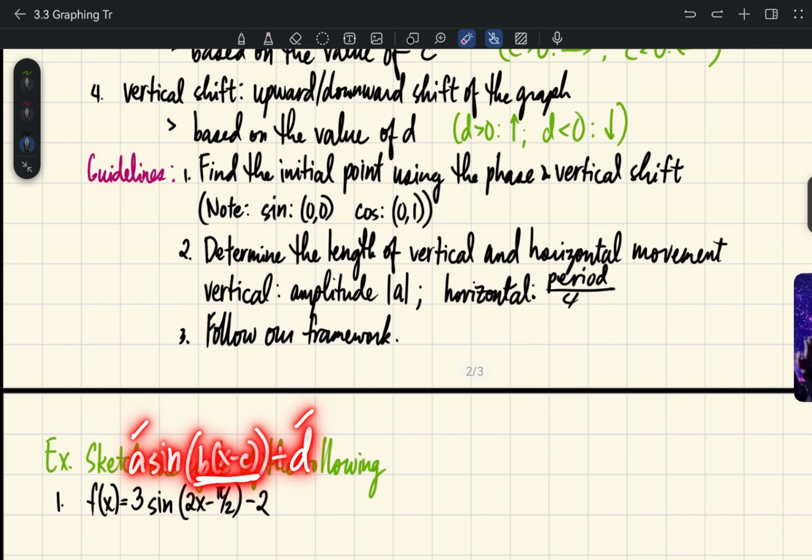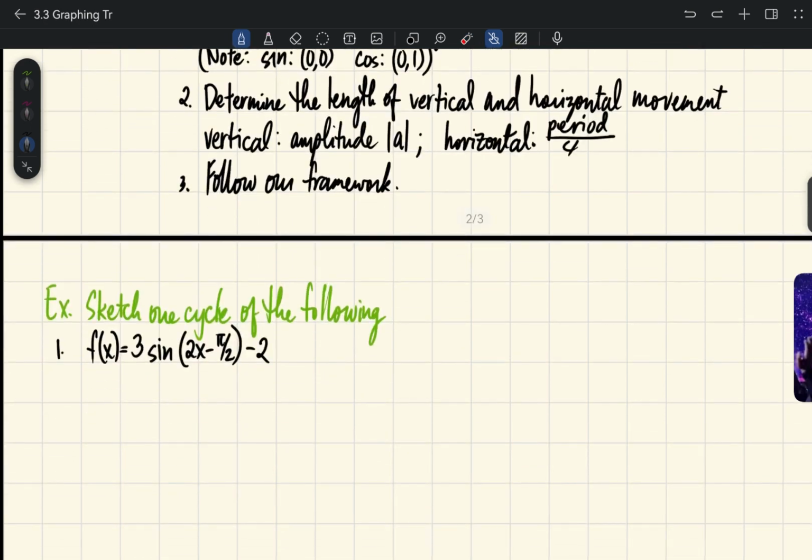So we will factor out the one that's multiplied to x. Since 2 is multiplied to x, we will factor out 2. So we have 3 sine of 2 times, 2x divided by 2 is x, then minus pi over 2 divided by 2, that's pi over 4.